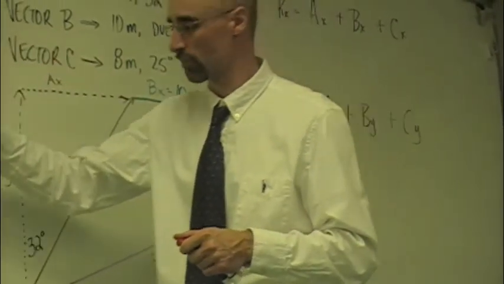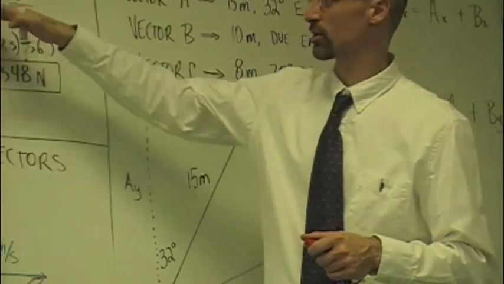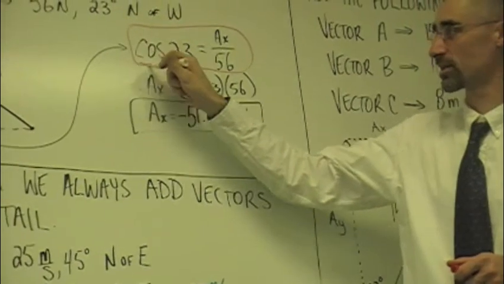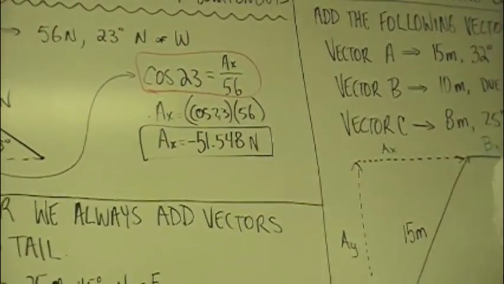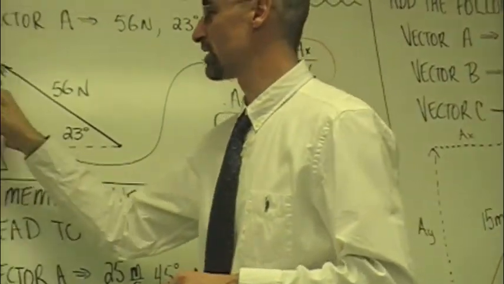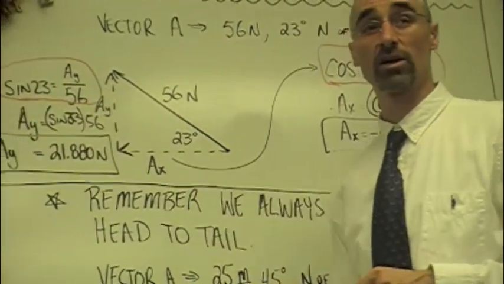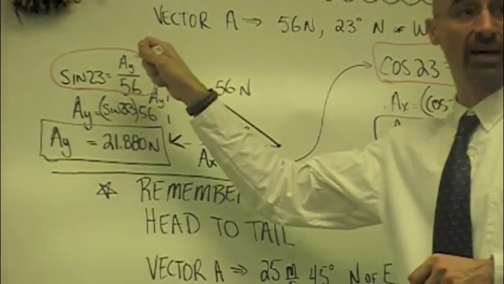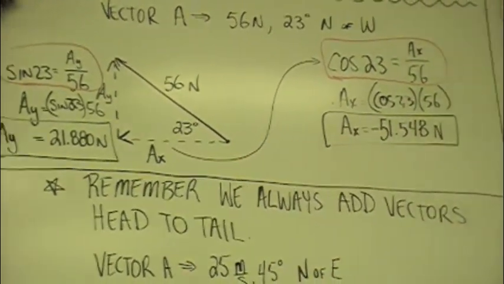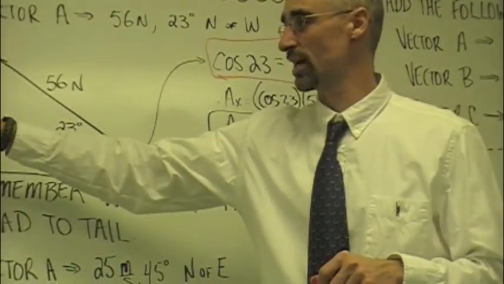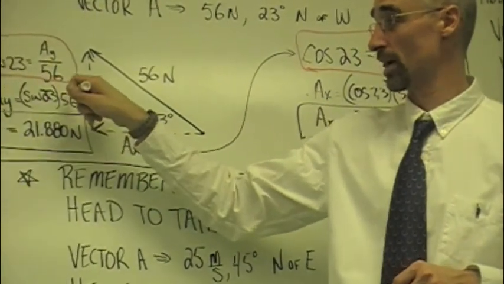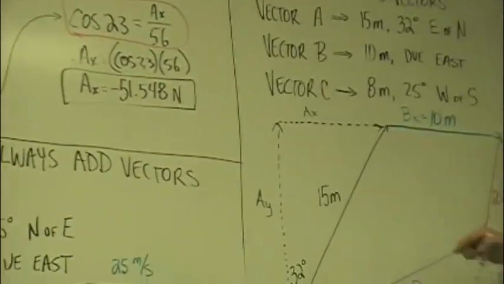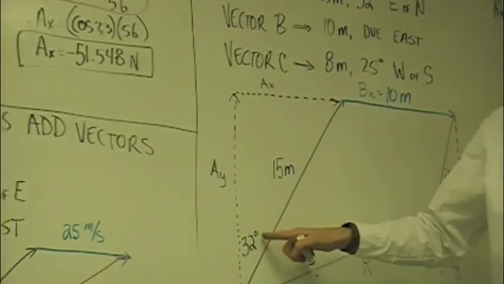Every time you set it up, you're either going to get a cosine or a sine function, and your unknown is always on the top. After I do these a while, I just start to realize that you're going to multiply those two together.